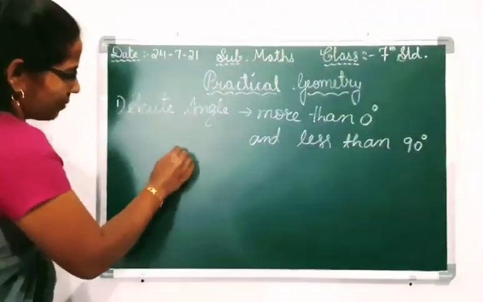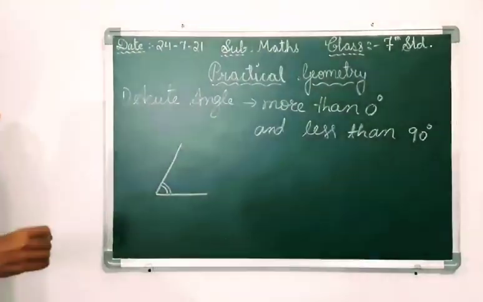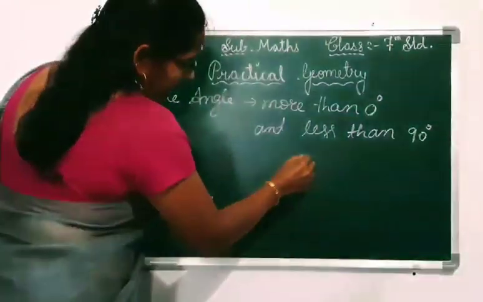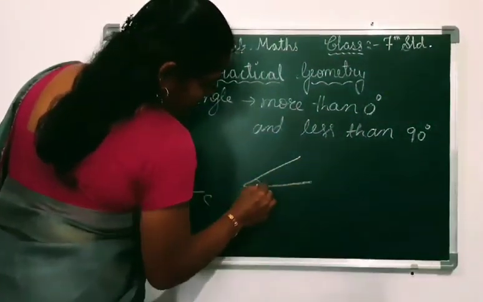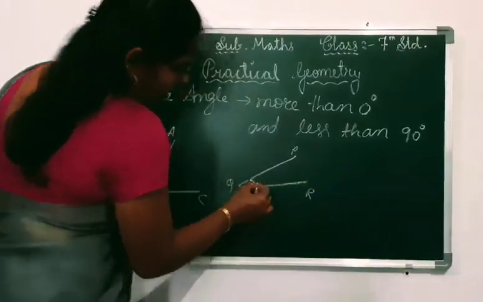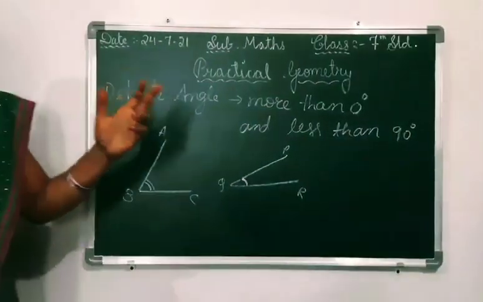I will show some examples. See children, this is an example for an acute angle. A, B, C. P, Q, R. This is known as an acute angle. In your hand also you can observe.